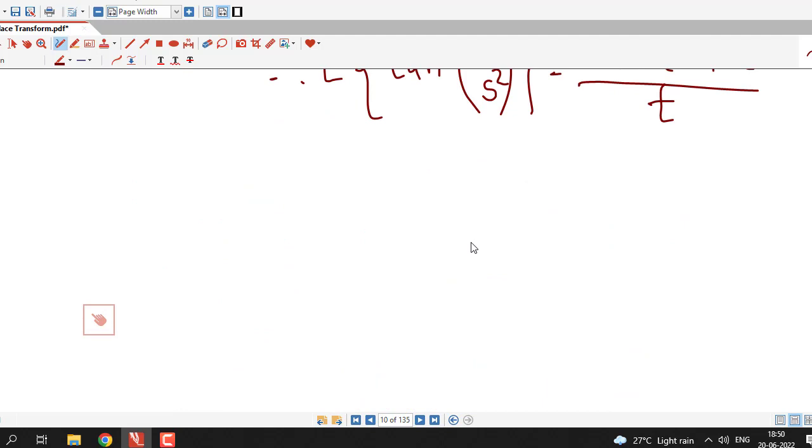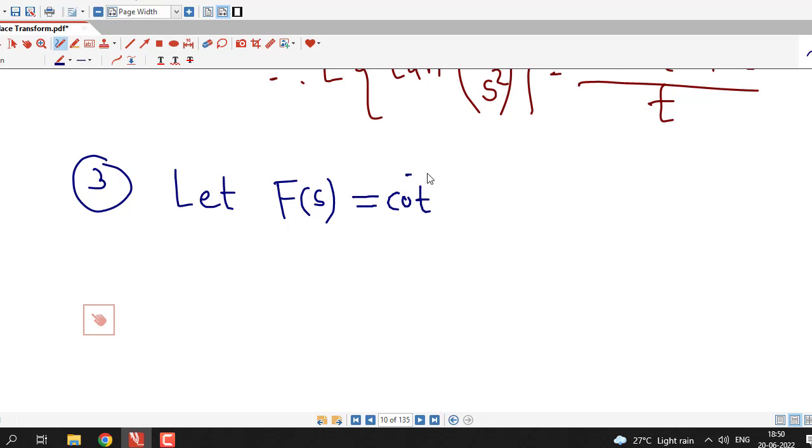So now we consider the third problem. In the third problem our function is cot inverse of s plus 1. So as usual, first we have to write the derivative of capital F with respect to s.